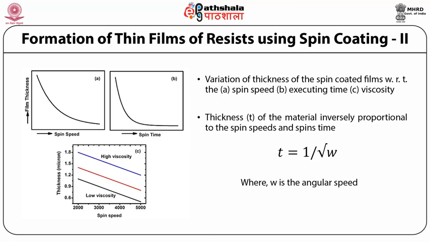For most resist material, the final thickness is inversely proportional to the spin speed and spin time. Thickness T is equal to 1 divided by square root of W, where W is the angular speed. Figure 8c shows that for low viscous material, the thickness is low, and for high viscous material, the thickness is high.